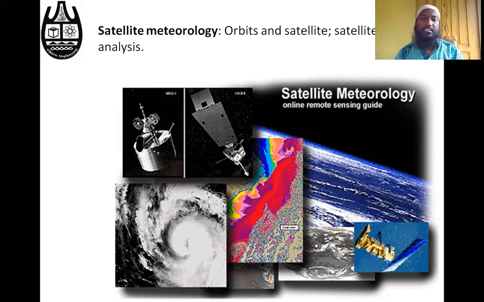We are not going to discuss how satellite images can be analyzed here, because that needs a big chapter, and maybe part of that will be discussed in your 4th semester in the remote sensing and GIS class. But in this chapter, we're going to find out the openings: what are the different areas we can look at for our meteorological aspects using satellite images.